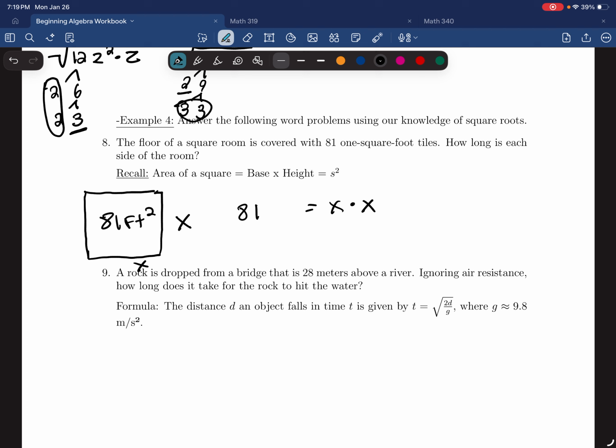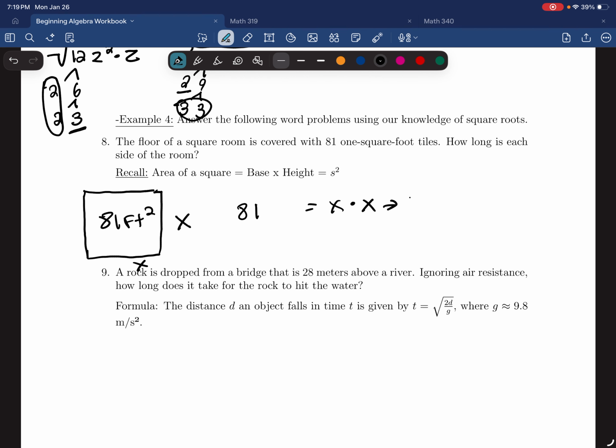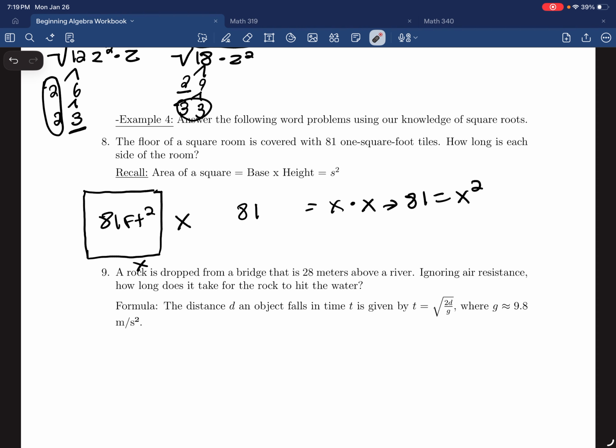So we just get 81 equals x times x. So what this translates to is 81 equals x squared.